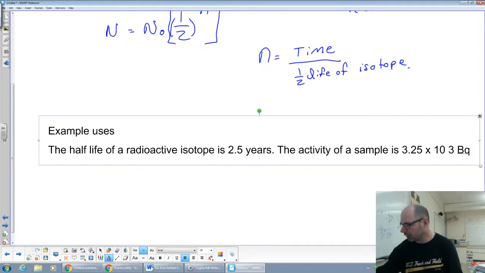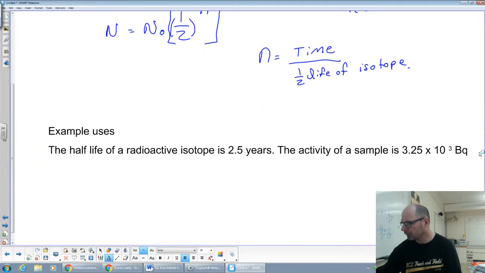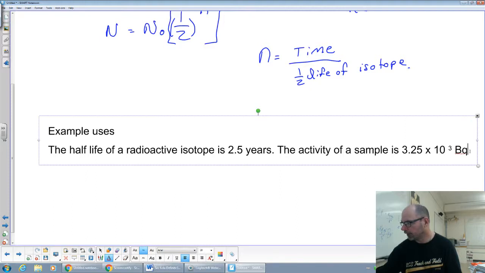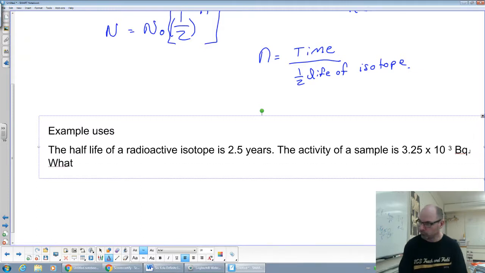Okay, so we got to put that 3 up there as an exponent. There we are. What would the activity be after 32 years? And we can also do this with mass as well, and I'll show you an example of that.